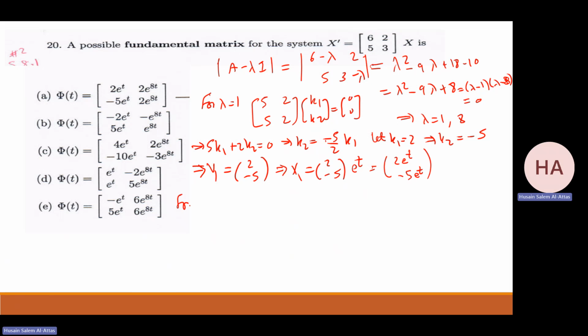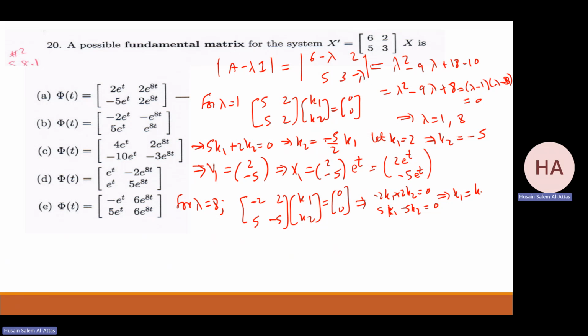Now, for lambda equal 8, 6 minus 8 is minus 2, and 2. And then I have 5, 3 minus 8 is minus 5, times k1, k2 equals 0, 0. So I have minus 2k1 plus 2k2 equals 0, or 5k1 minus 5k2 equals 0. So I'm getting that k1 equals k2.